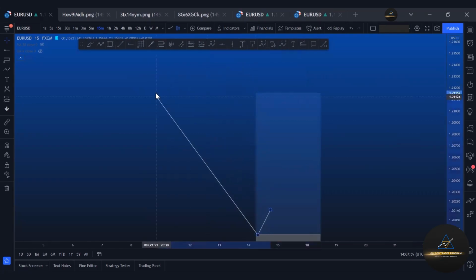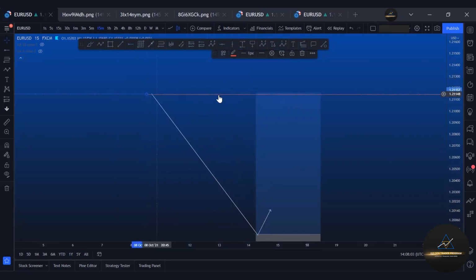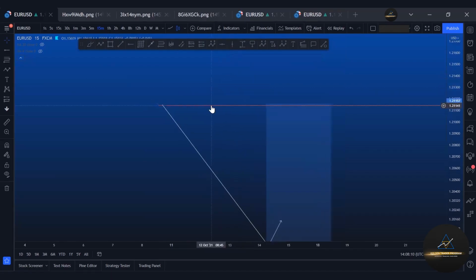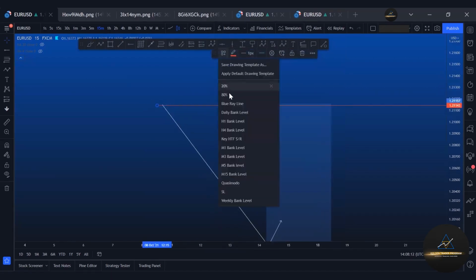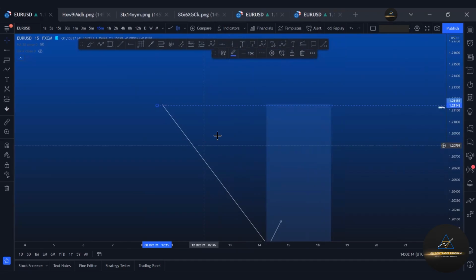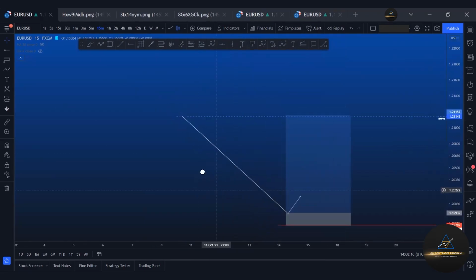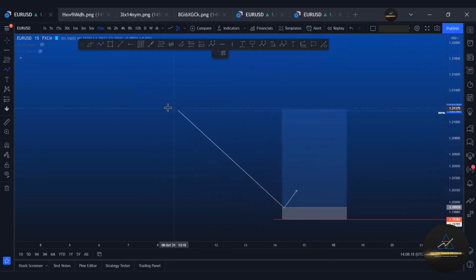You've done all your analysis and you've got this TP. This particular TP is where you want to bank 80% of your trade at a conservative area. This is where you bank 80%.